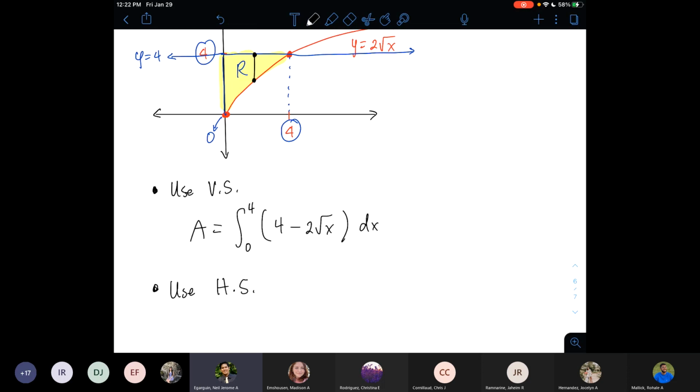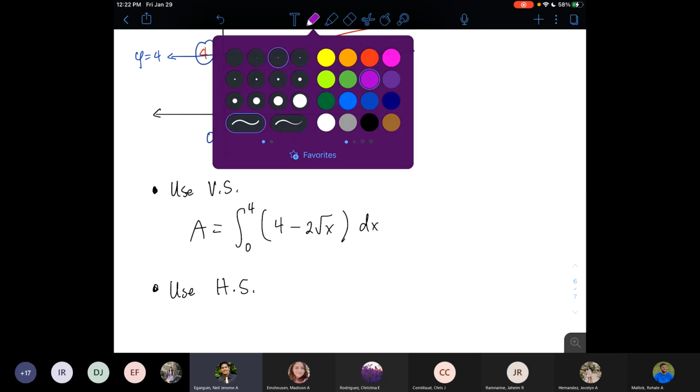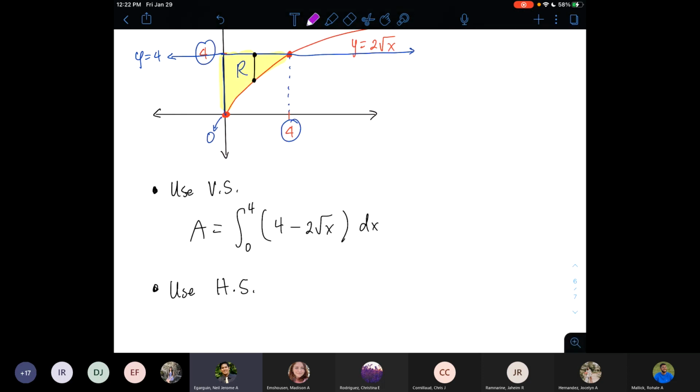I don't think it is very complicated to do that. Well, let's observe how a horizontal strip looks. A horizontal strip will look like this, right? And if we slide this horizontal strip up and down the region, we observe that the right function is always the red one, and the left function is always the y-axis.